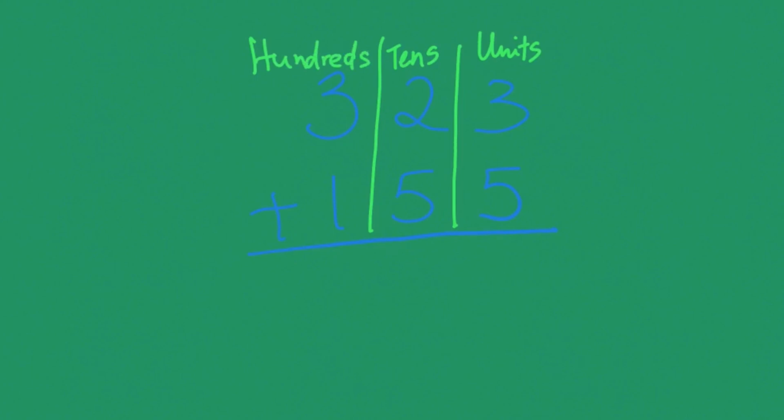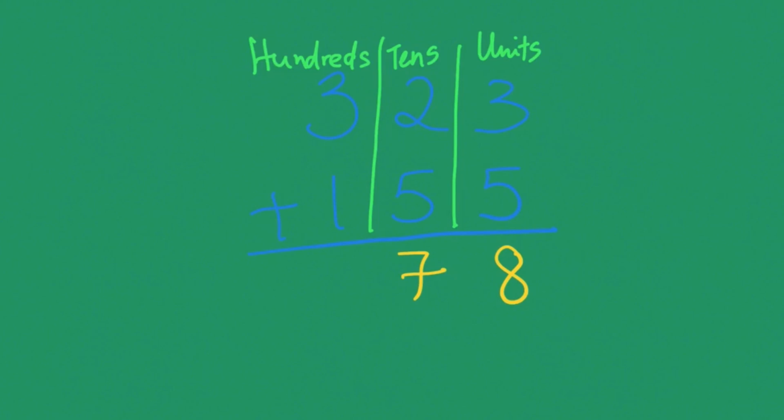Alright, so let's begin. Always start with the unit side. So we start with 3 adding 5. You get a 8. Then you got 2 adding 5. You get 7.